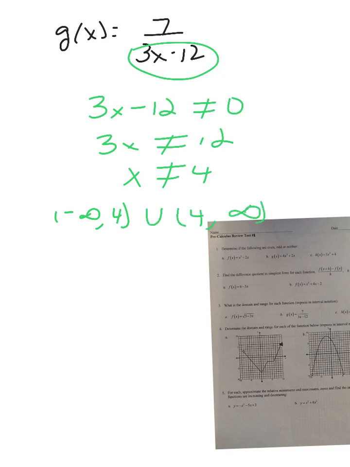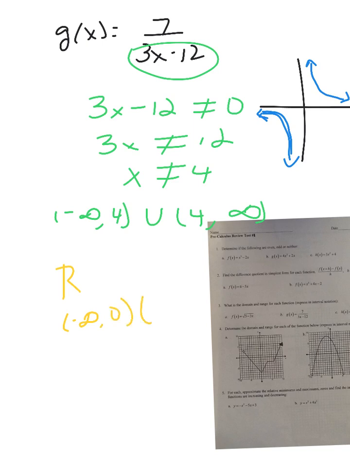All right, when you graph this, your graph looks like this. So your range is every number up and down except 0. Your range then is from negative infinity to 0, union 0 to infinity.